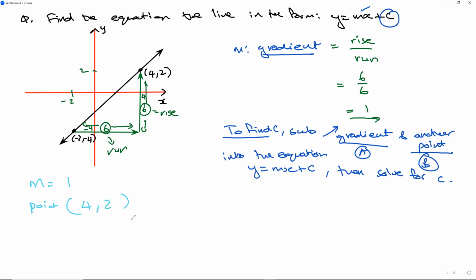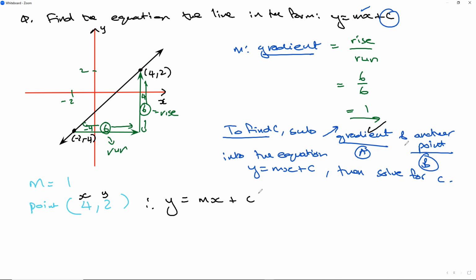When you choose a point, remember you are actually taking some x value, some y value. And now we found the gradient, we found another point, and we're going to substitute it into this equation. So we're going to have y equals mx plus c.